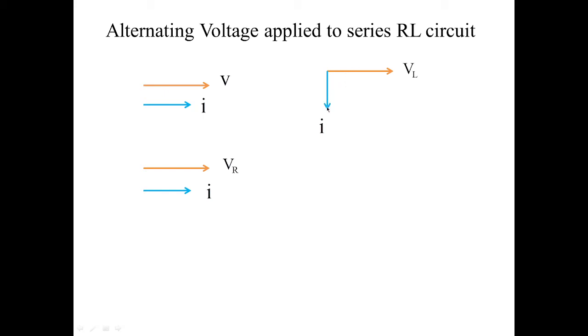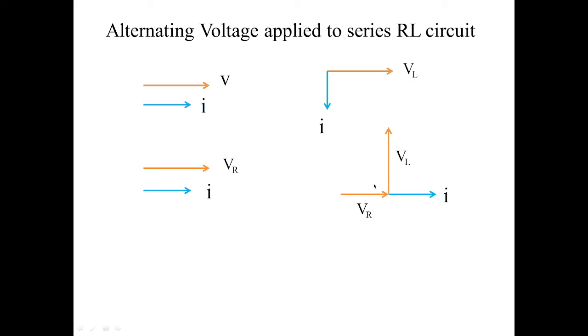That is, the current through inductor lags voltage by 90 degrees, or voltage across inductor leads current by 90 degrees. So when we take the combination of all these phasors, resistance voltage and current are in phase, whereas the inductive voltage is leading current by 90 degrees.